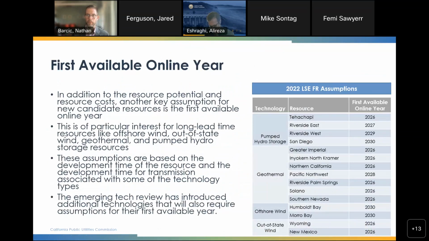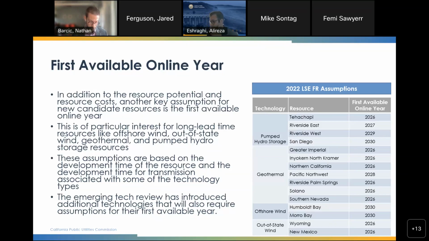And then the final element which we consider when we are creating inputs for candidate resources is the first available online year. This has primarily been a constraint on long lead time resources and resources that require a lot of consideration of transmission development, such as out-of-state resources.